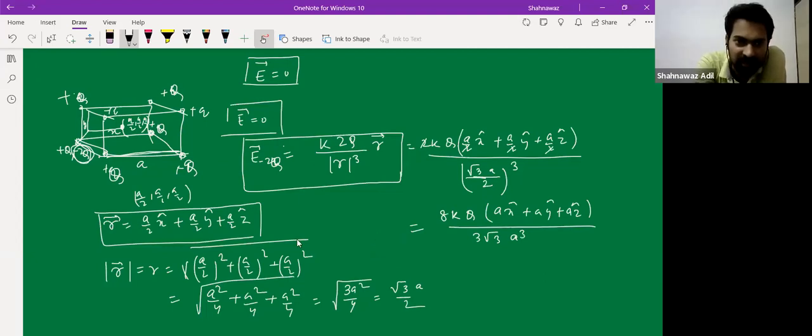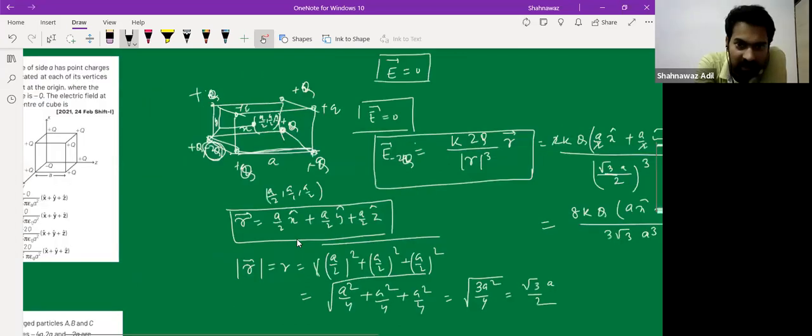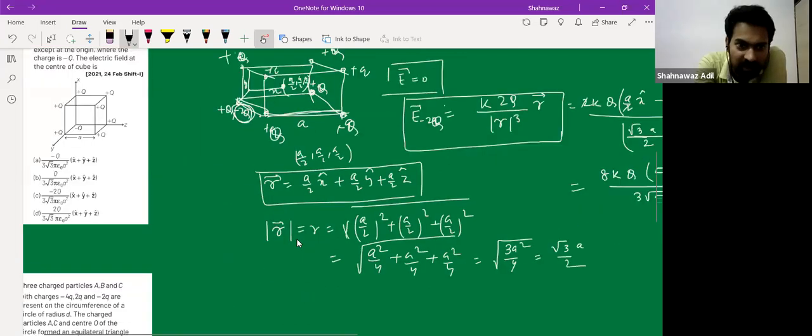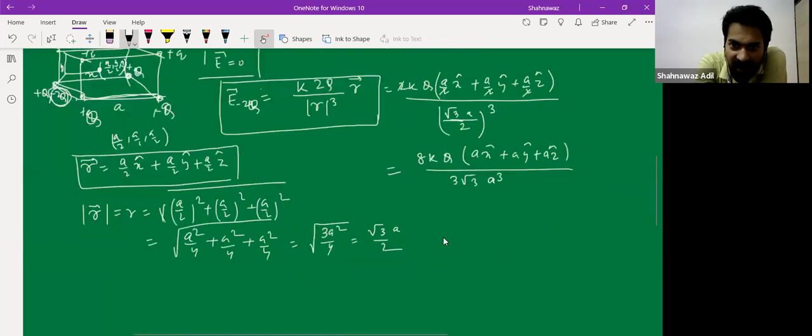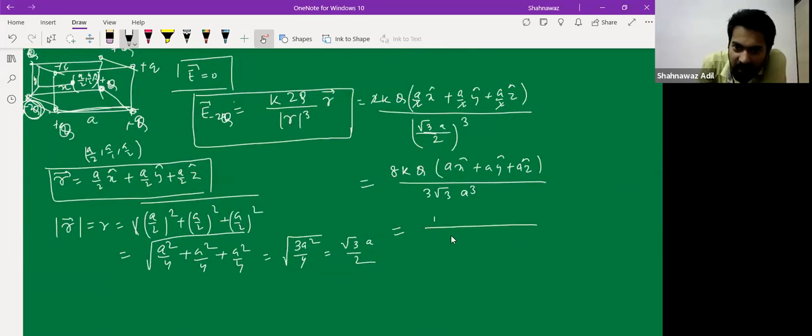Understood, guys? So we have this pi epsilon. So we can write 1 by 4 pi epsilon naught, 3 root 3 AQ, and A we can take outside, so this would be 8 K, Q A, and X hat, Y hat, Z hat.